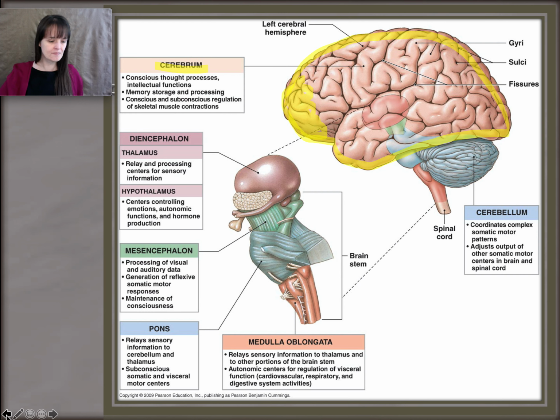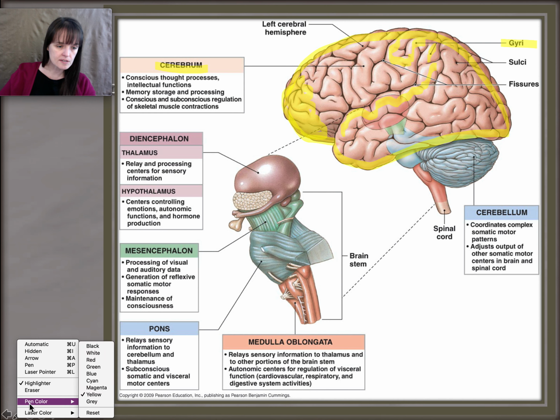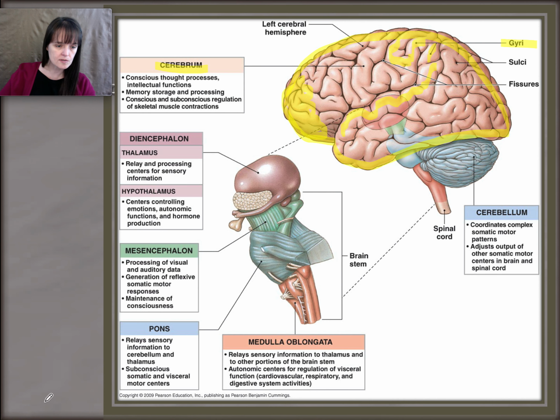Next is the term gyrus, 1 gyrus, 2 gyri. The gyri are the elevated folds, the parts that are raised and closer to the inside surface of the skull. A sulcus is a shallow groove.